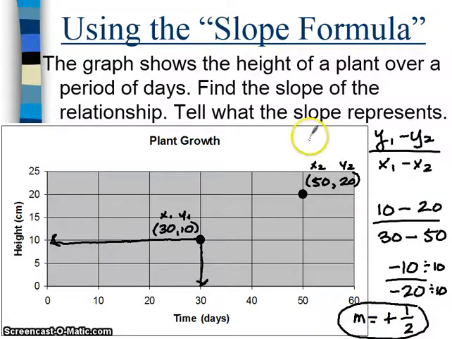Now, let's talk about what this slope means in context of the problem. It's positive, so that means up and to the right, or both increasing together. So as the days increase by 2, the height increases by 1.